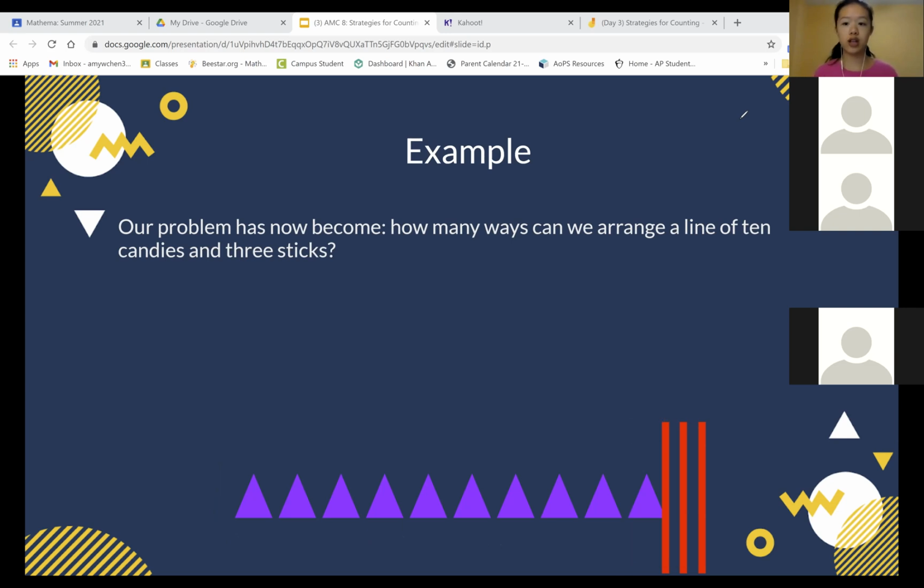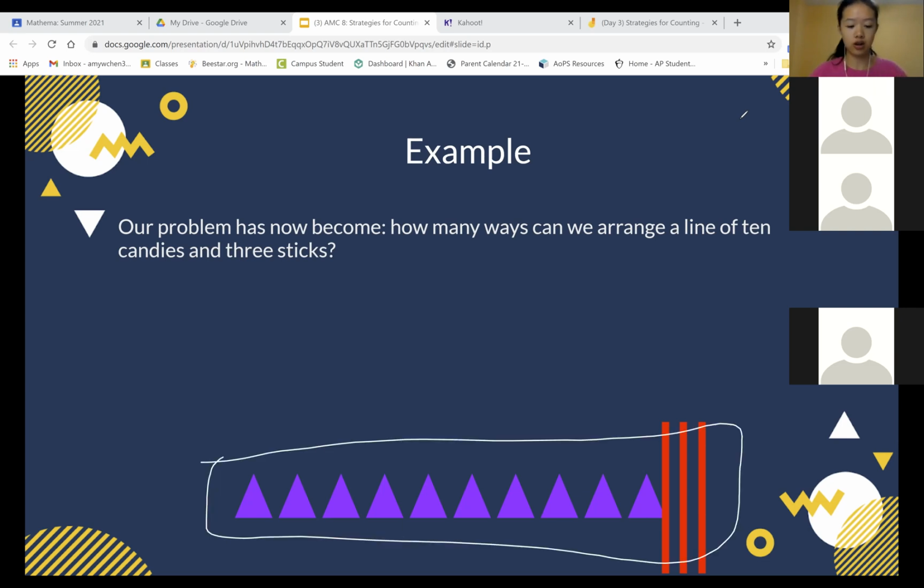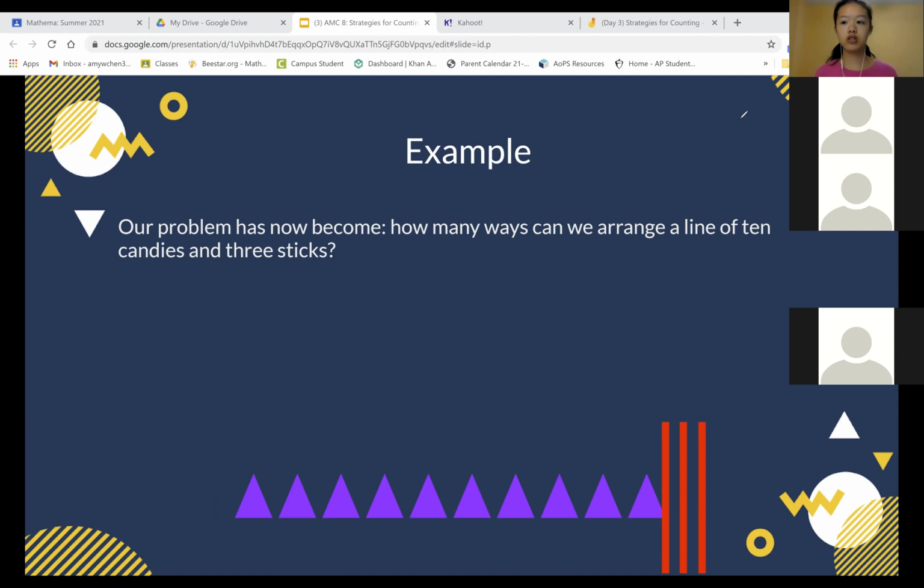We don't do 10 choose 4 because we're using the 3 sticks to divide the candies up into groups. If you just do 10 choose 4, you would be choosing 4 candies out of 10. Oh, okay. Got it. Thanks.